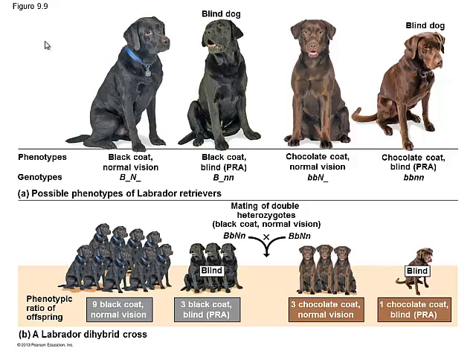In this case, again, we don't know what the other gene is for this dog, but if we cross it with a blind animal, we know that blindness is a recessive trait. They have to carry both alleles in order to be blind. Here are some of the phenotypes for the Labrador retrievers. And this is what we get when we cross. So, mating of double heterozygotes.